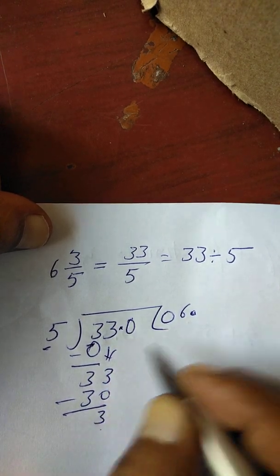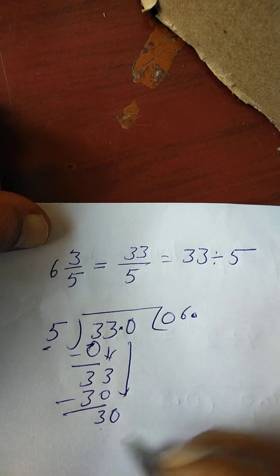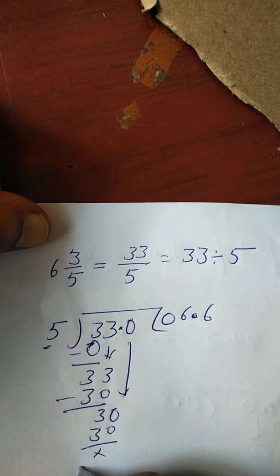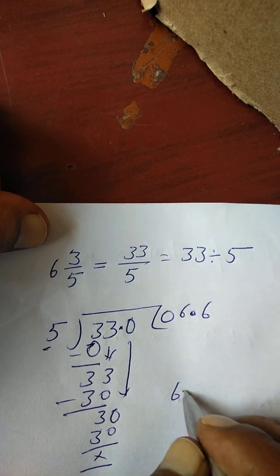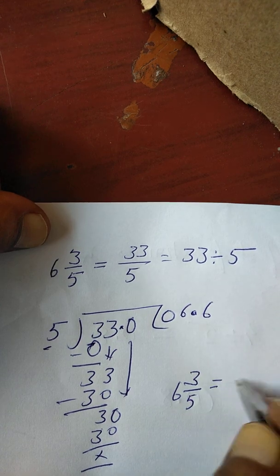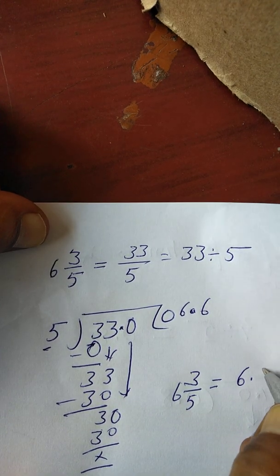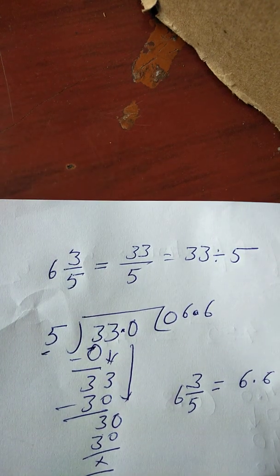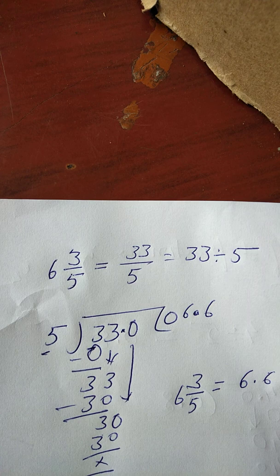Now add 0 in the dividend, now down it. 5 sixes are 30. So when you convert the mixed number into decimal, the answer is 6.6. So in this way, students, you can convert a mixed number into decimal number.